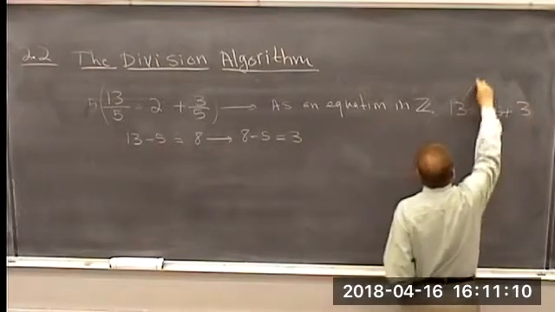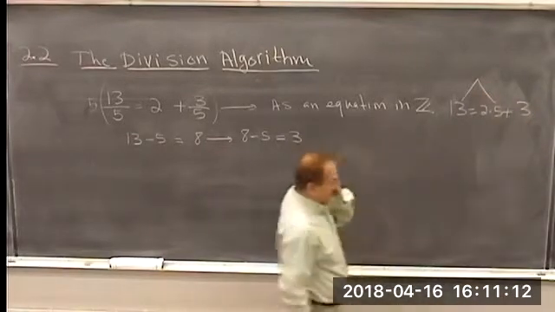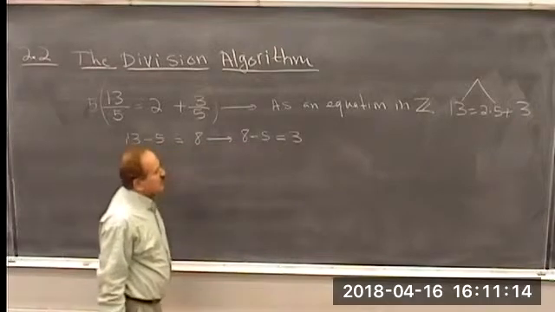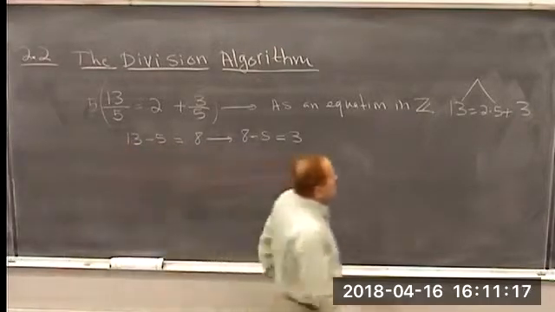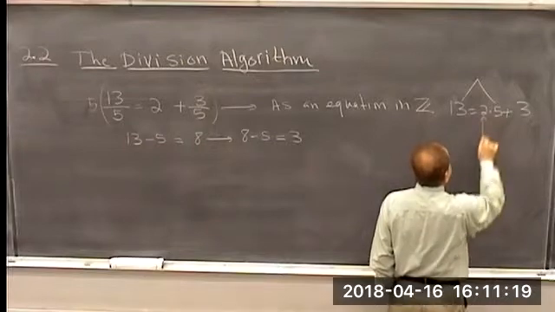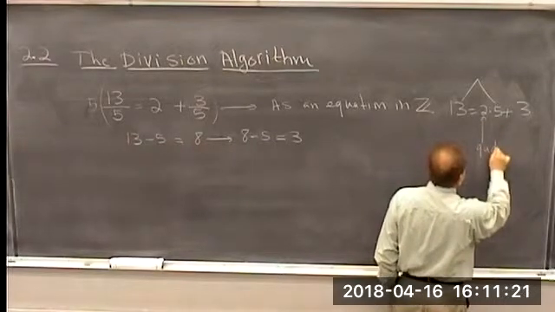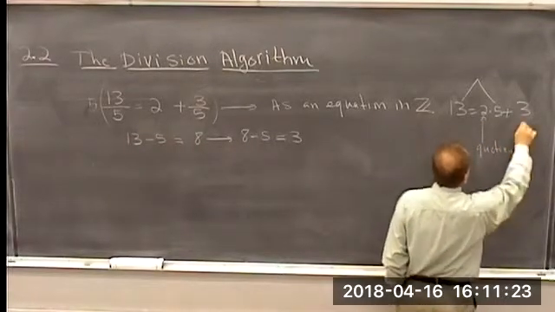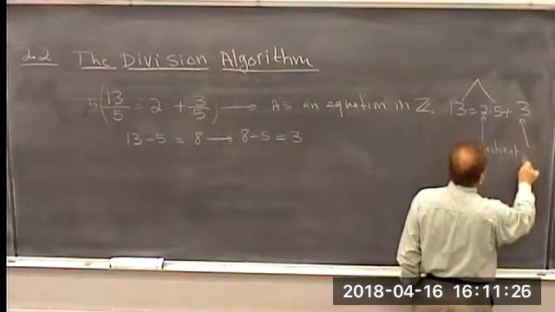So the 13 and the 5 are the numbers that we are dividing, and we refer to the number 2 in here as the quotient, and we refer to the number 3 here as the remainder.